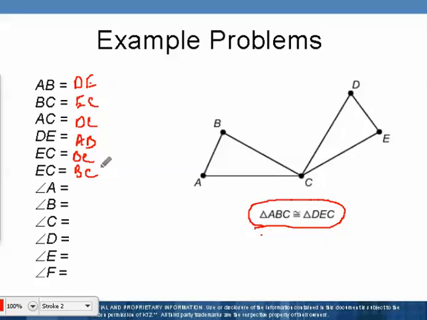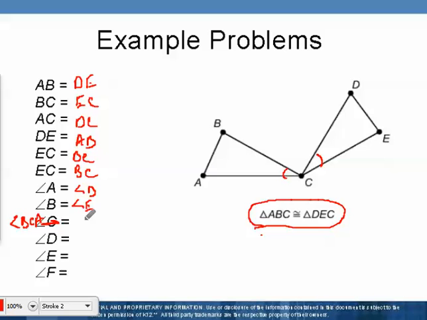So what's the congruent angle to A? That would be angle D. What's the congruent angle to B? That'd be angle E. What's the congruent angle to C? Well, you know what? C is tricky because C is in this triangle and in this triangle. So I think they've just misnamed this one. What they really mean is what's the congruent angle to BCA?